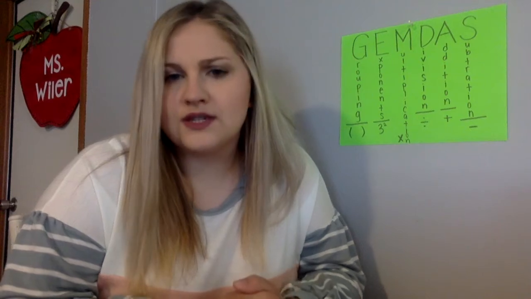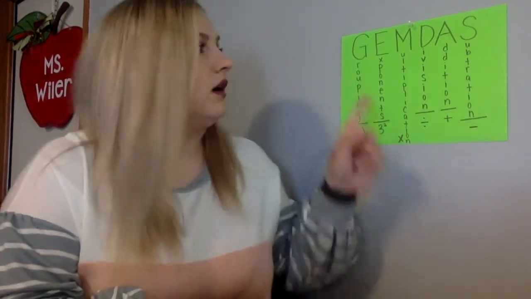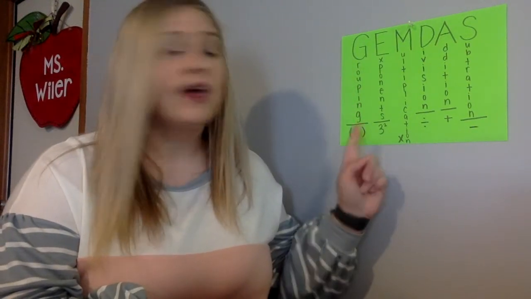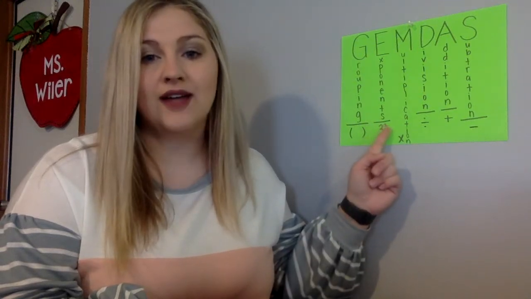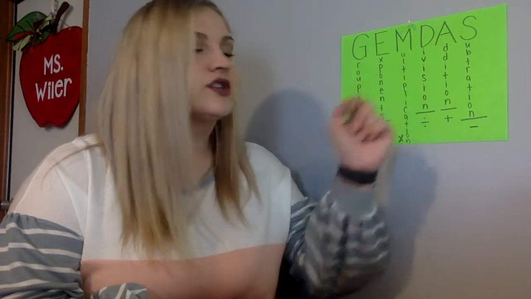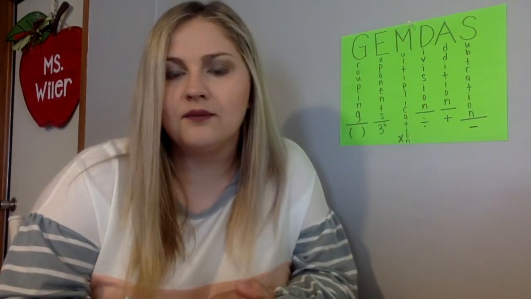But think for just a minute. Think on your own. Okay, so we know that we have to do grouping first, okay? Then we know if an exponent comes next, we have to do the exponent next. But when we are in multiplication or division, which one of those would come first? Think about it.